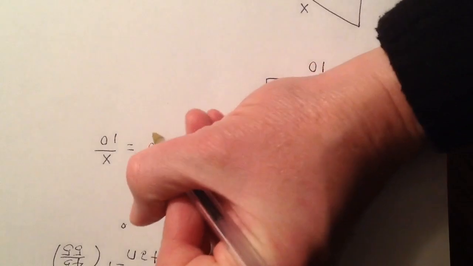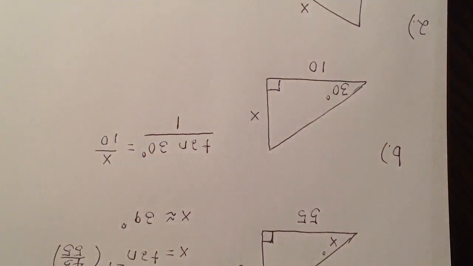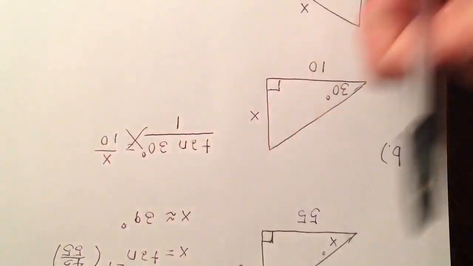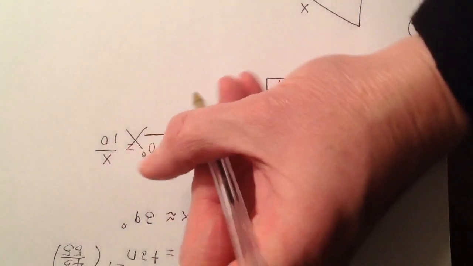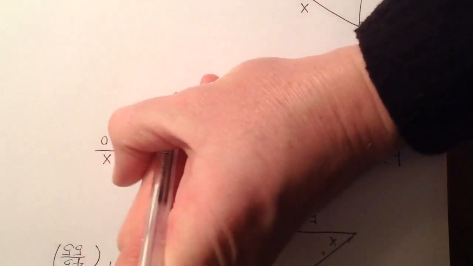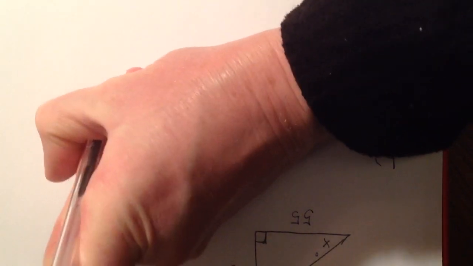The best way to go about solving this is to treat it as a proportion. Put that trigonometric ratio over 1 and take the cross product. When we take the cross product, x would be equal to 10 times the tangent of 30 degrees.